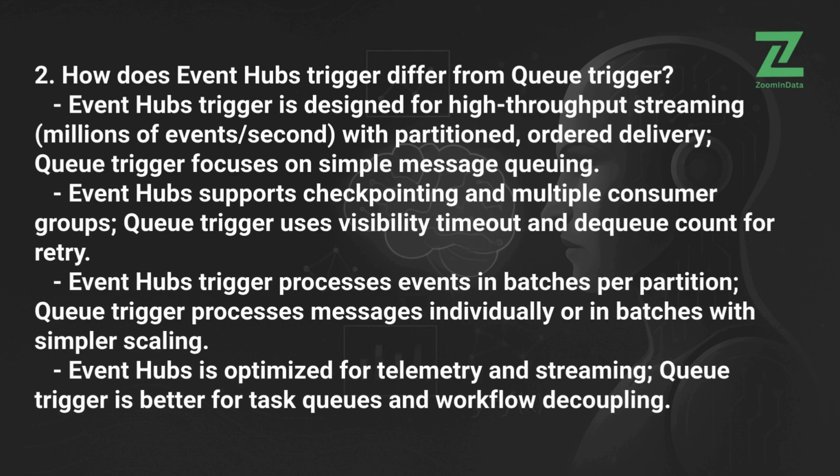Queue trigger uses visibility timeout and dequeue count for retry. Event Hubs trigger processes events in batches per partition. Queue trigger processes messages individually or in batches with simpler scaling. Event Hubs is optimized for telemetry and streaming. Queue trigger is better for task queues and workflow decoupling.